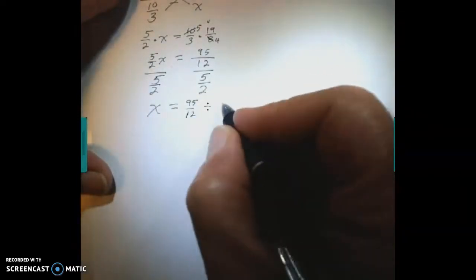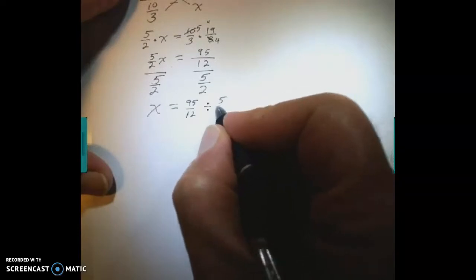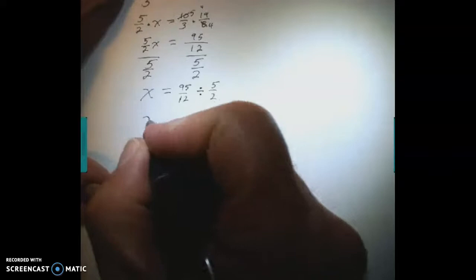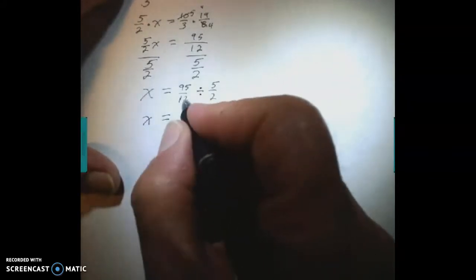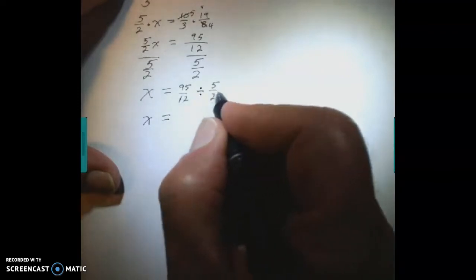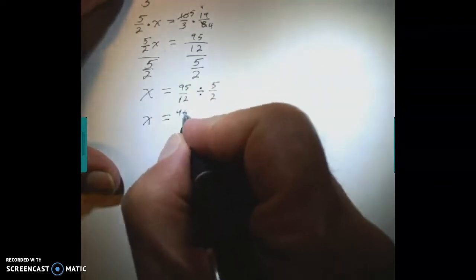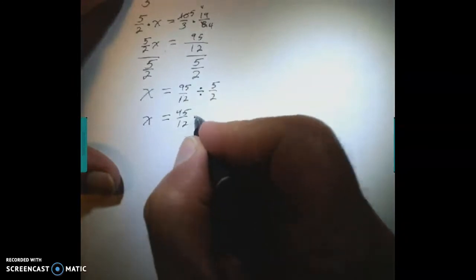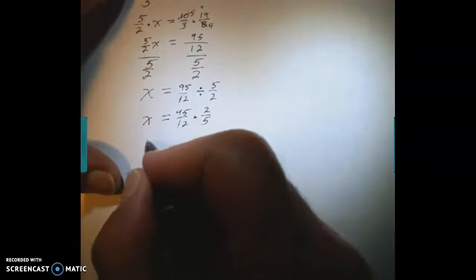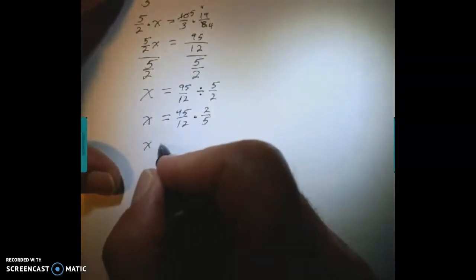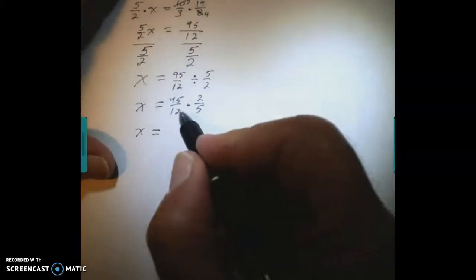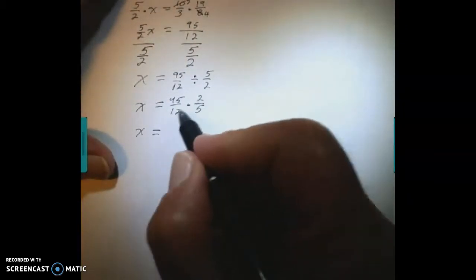95/12 divided by 5/2. And again, you don't really divide with fractions. You multiply by the reciprocal, or keep, change, flip, or keep, dot, flip. 95 over 12 times 2/5. And again, reducing before you multiply, wonderful tool. 2 and 12 can both be divided by 2.